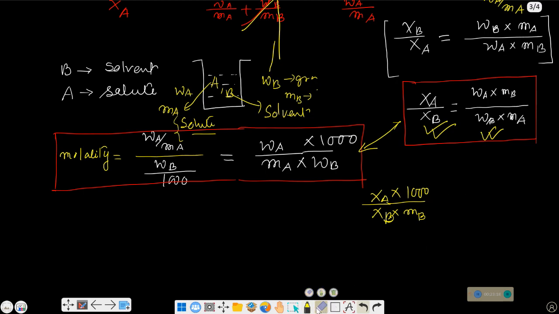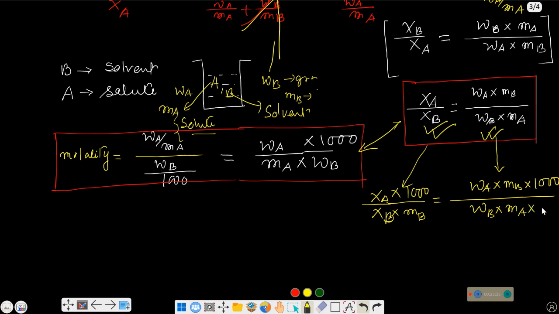Here on this side, WA into MB, you need to multiply it with 1000 because you have to do that on both sides. So WB into MA you have to divide by MB, right? If you divide by MB, MB got cancelled.